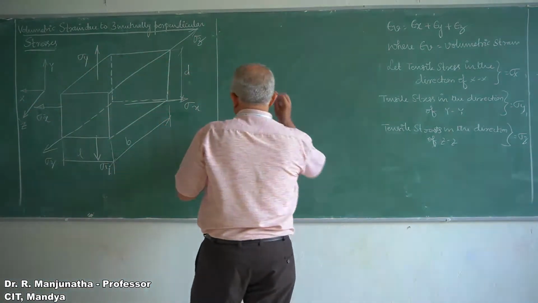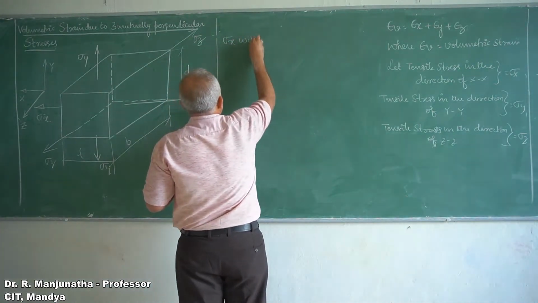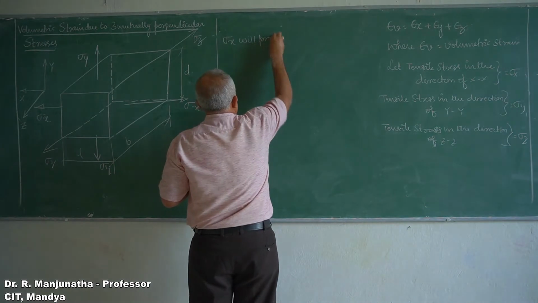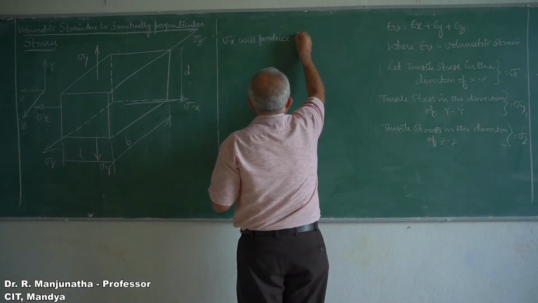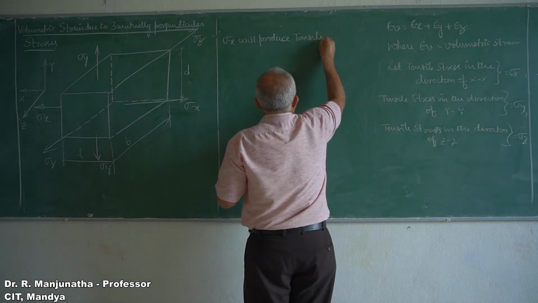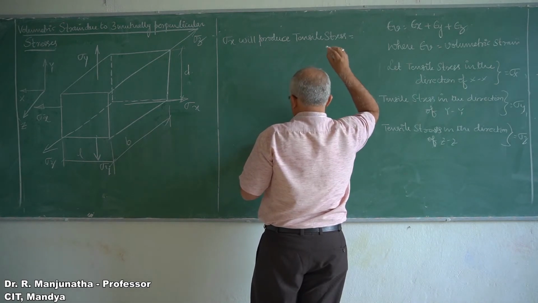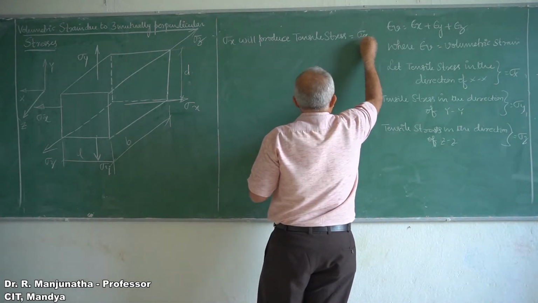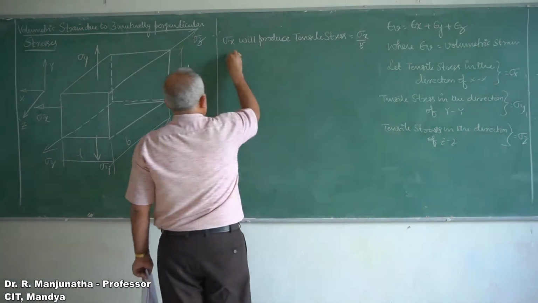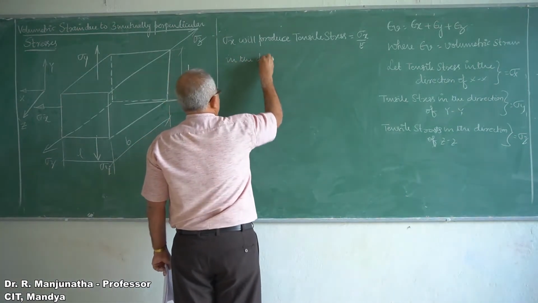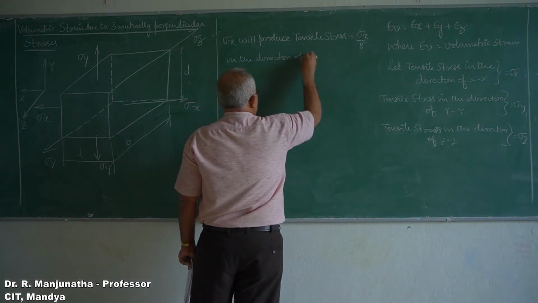So sigma x will produce tensile strain which is equal to sigma x by E, in the direction of xx.